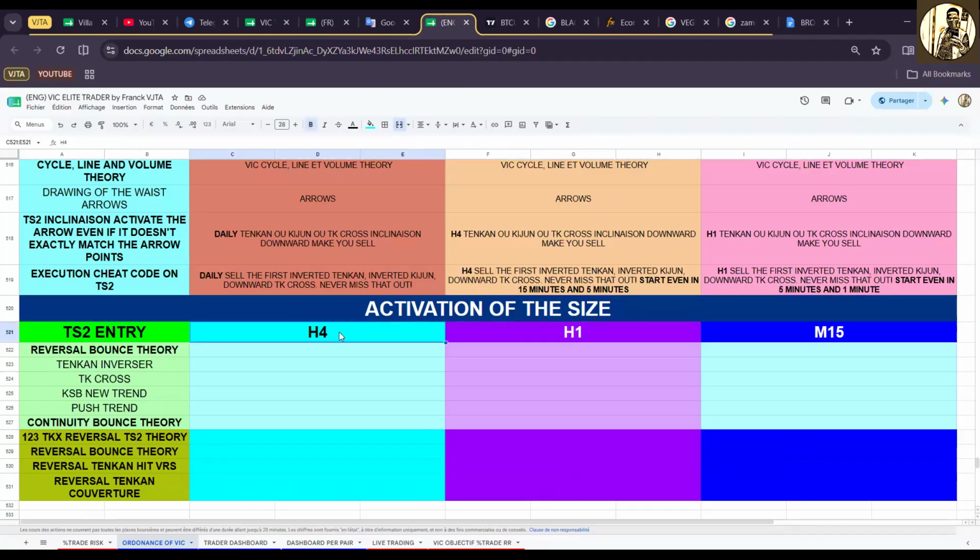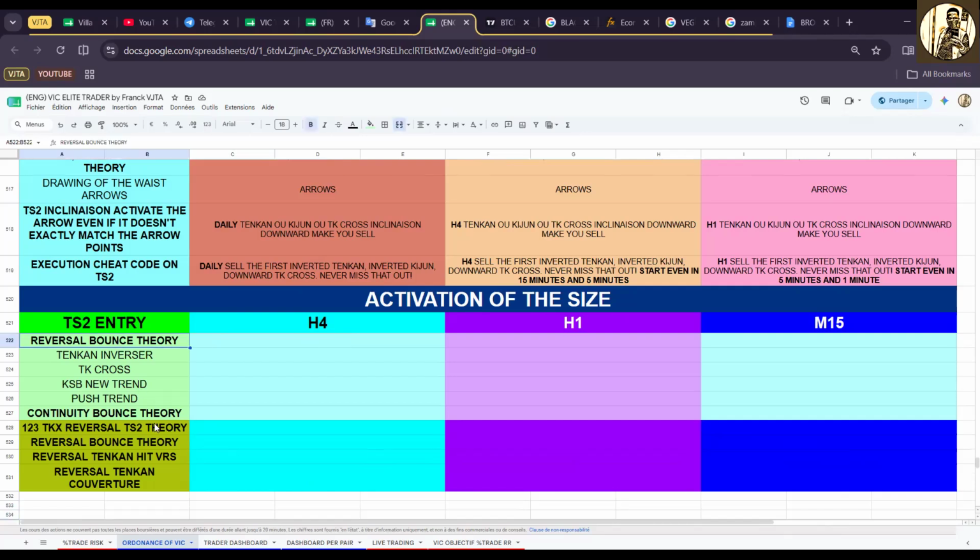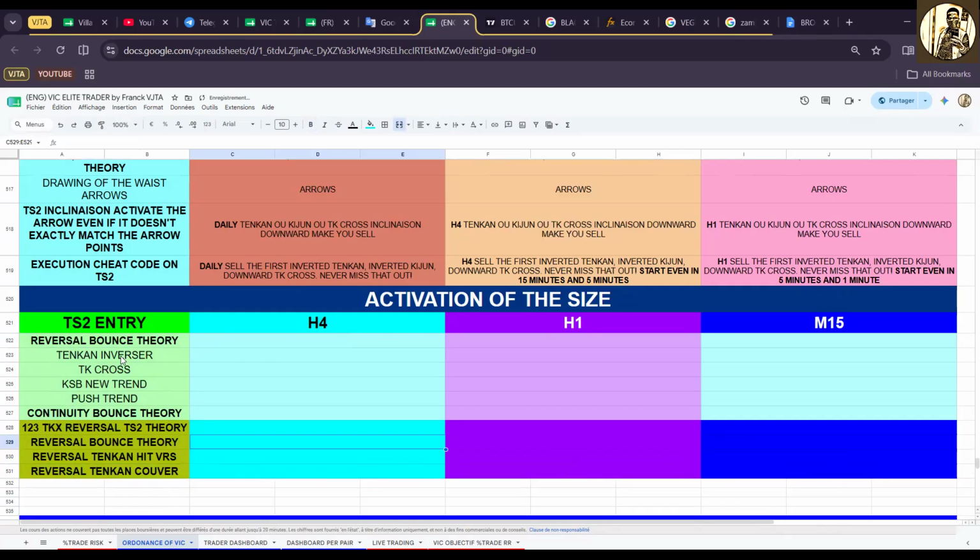To activate the size theory at that level, you need to just remember. It's just to remind you. It's not something that you don't know. You already know all of this.